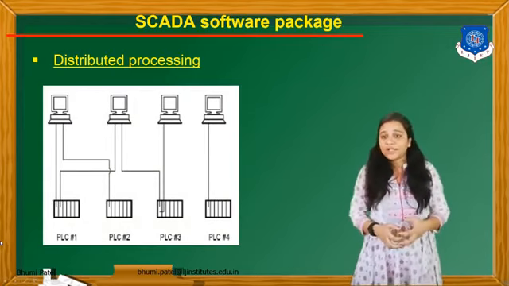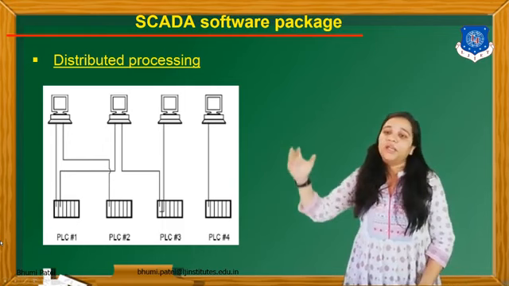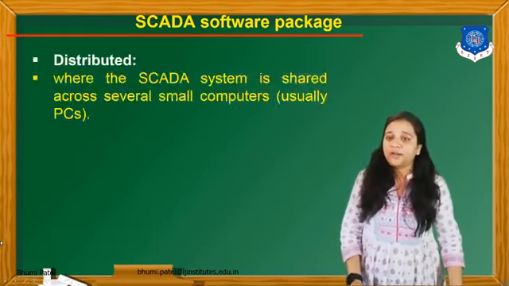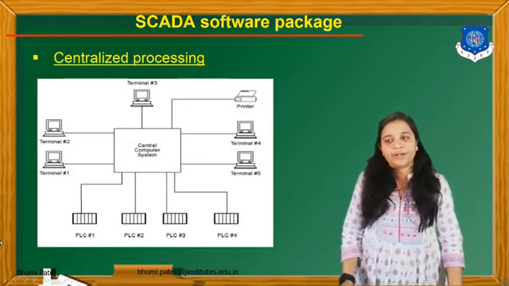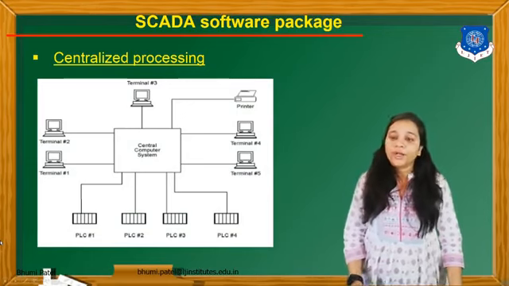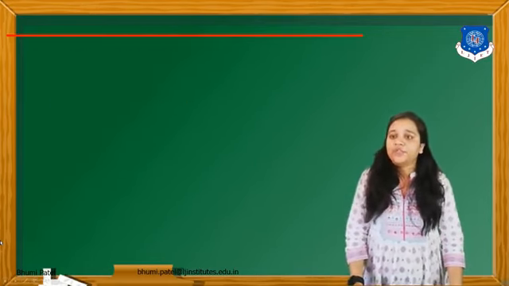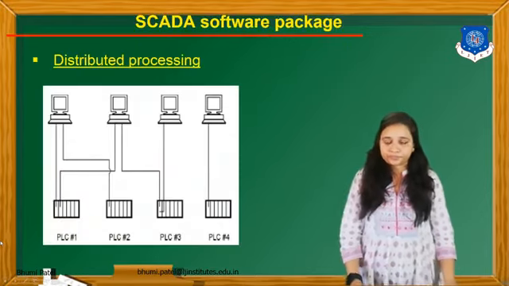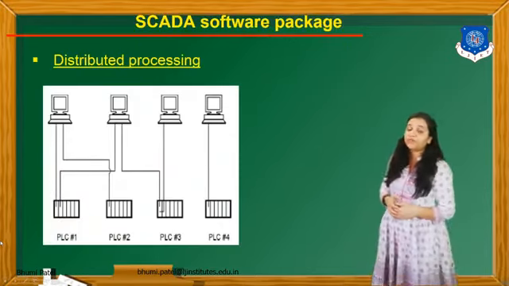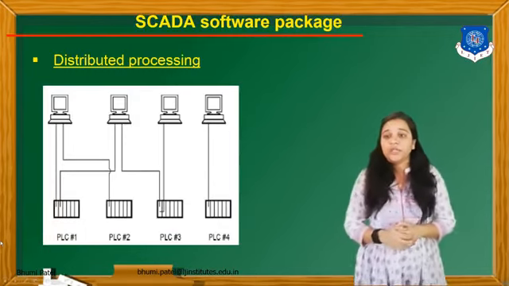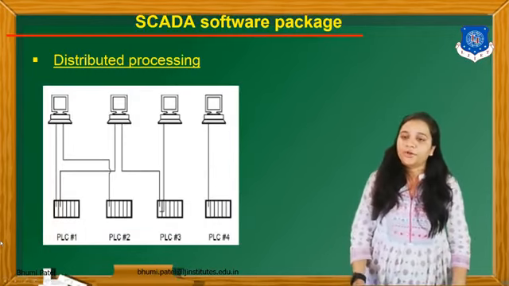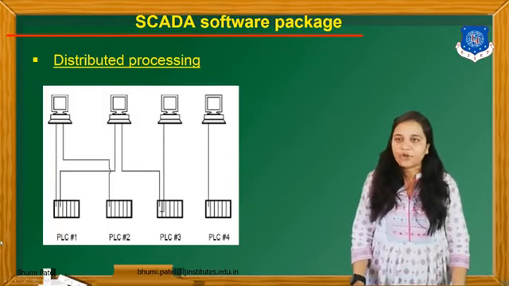But the connection of the PLCs will be distributed. In centralized processing, as you know, only one master system is connected to these 4 PLCs, and in distributed processing we have to distribute the work across different master computers. So here we have to use 4 master computers for the 4 PLC operations.